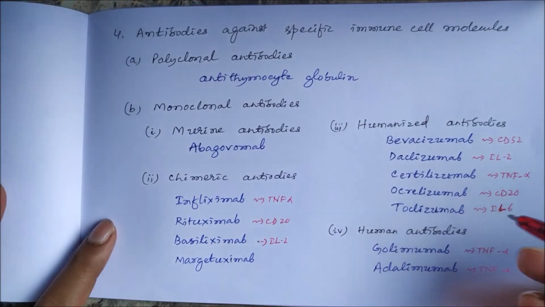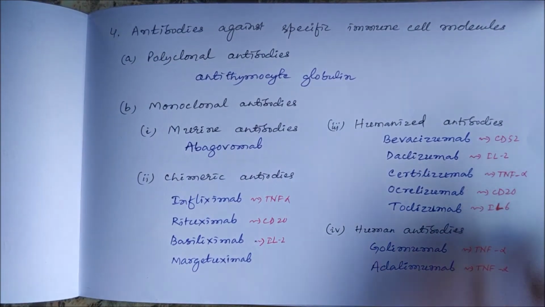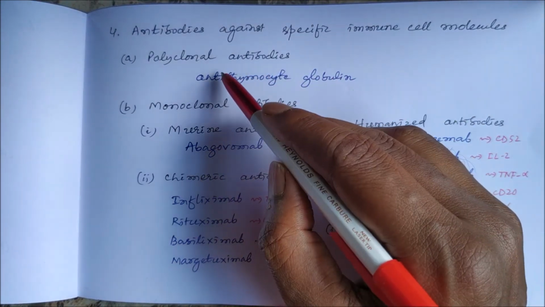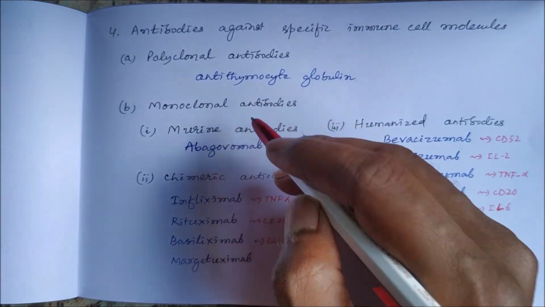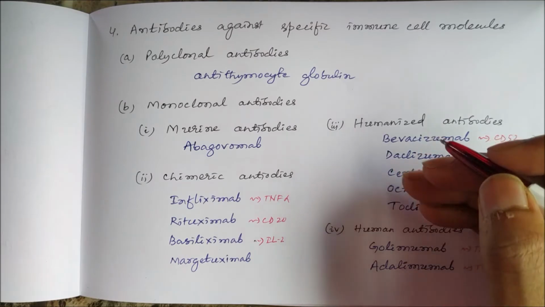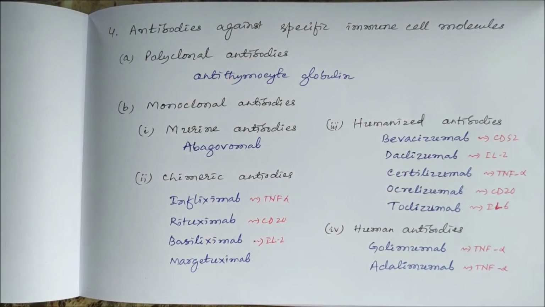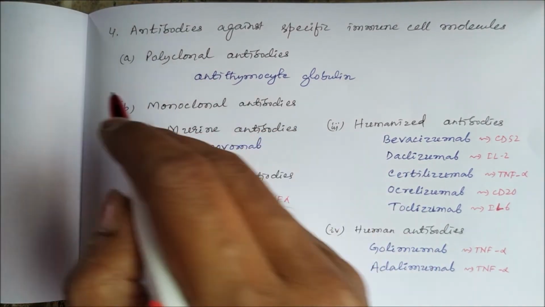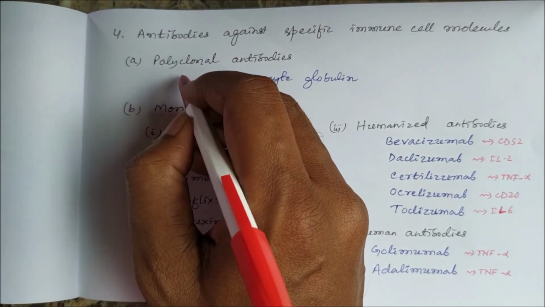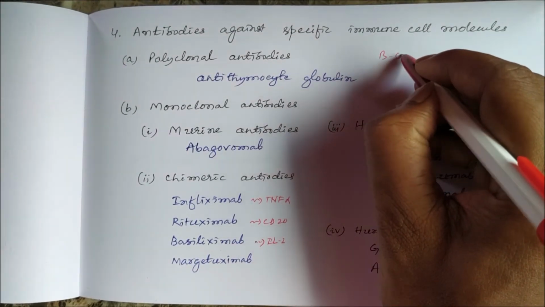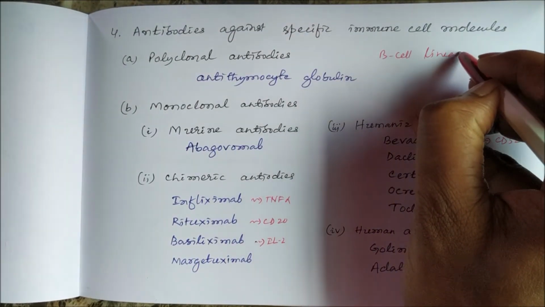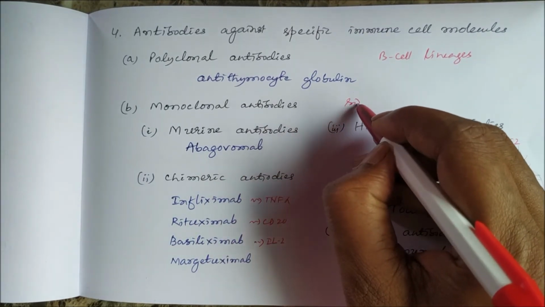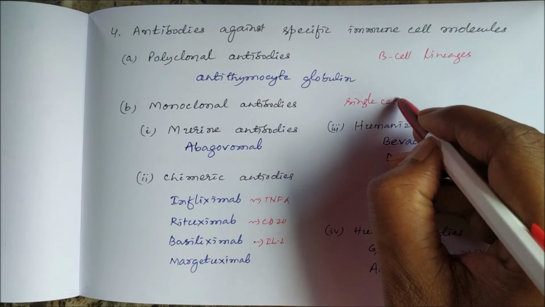Then we can use antibodies against specific immune cell molecules, where we can have either polyclonal antibodies or monoclonal antibodies. The polyclonal antibodies are the antibodies that are secreted by different B cell lineages, whereas monoclonal antibodies come from a single cell lineage.